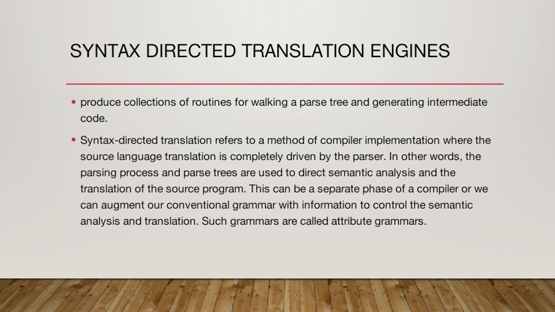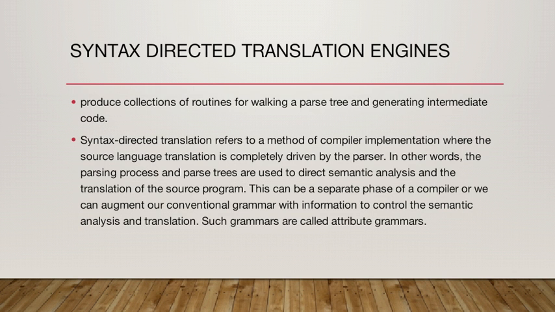Next, we have syntax-directed translation engines. It produces collections of routines for walking a parse tree and generating intermediate code. Syntax-directed translation refers to a method of compiler implementation where the source language translation is completely driven by the parser.